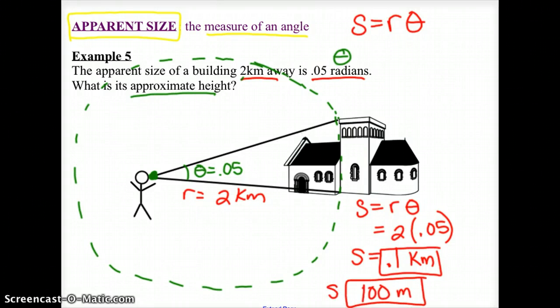And you could say the height of the building is 100 meters tall. So apparent size is S equals r times theta. The distance you're away from something, that's always your radius. Theta, remember, is always in radians. And that concludes the lesson.